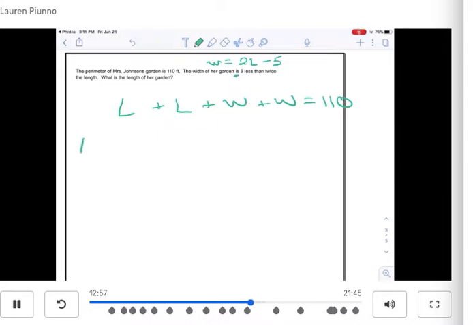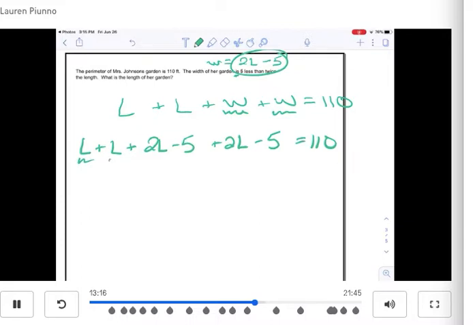So when I look at this problem, I have length plus width. Well, width is actually 2L minus 5. And then another width is actually 2L minus 5. That's equal to 110. Let's combine our like terms. Length, 2 length, and 2 length.